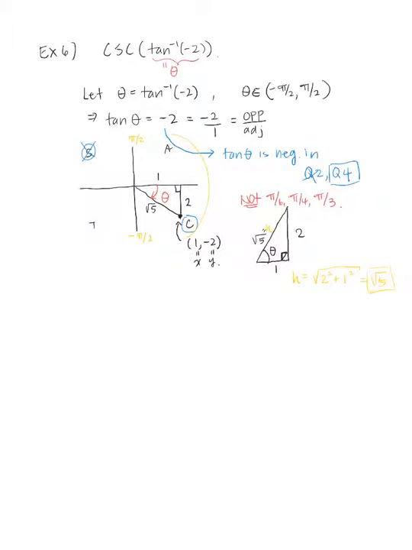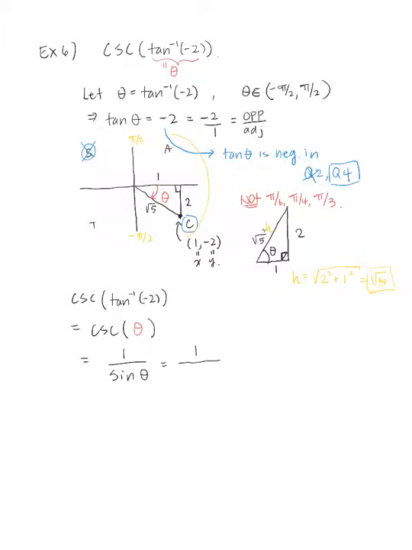Okay, so let's go. Cosecant of tan inverse of negative 2 is the same thing as cosecant of our angle theta. And cosecant was what? 1 over sine of theta. If you want to use x, y, and r, that's fine.